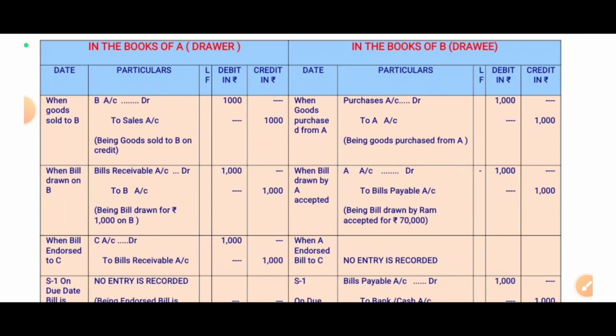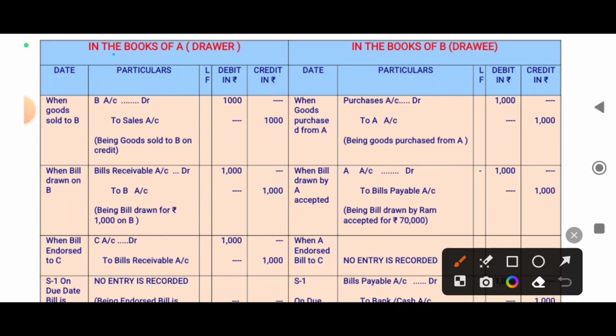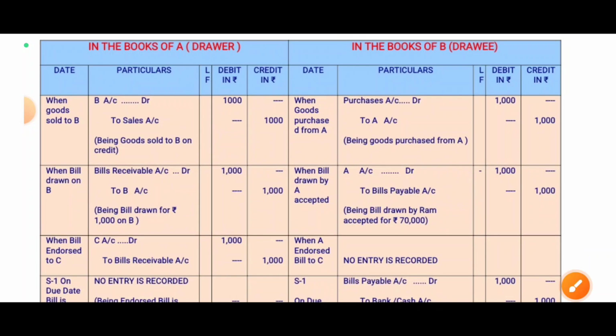For your understanding purpose, I am writing the books of A drawer and the books of B drawee side by side, but in the exam first you will write in the books of A, then you will write in the books of B, as paper would not be sufficient for you to write side by side. For understanding purpose I am writing side by side.